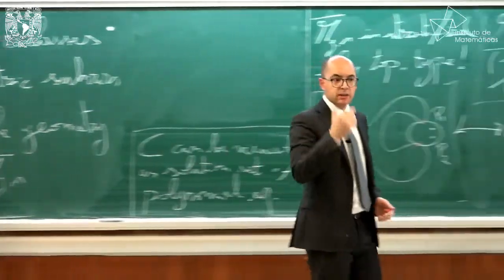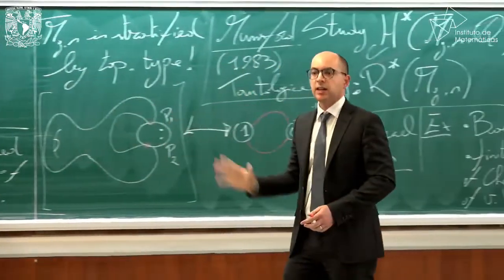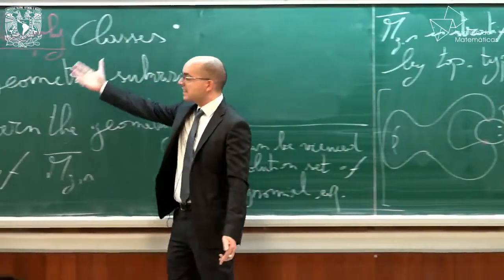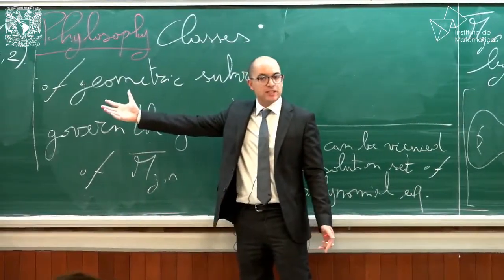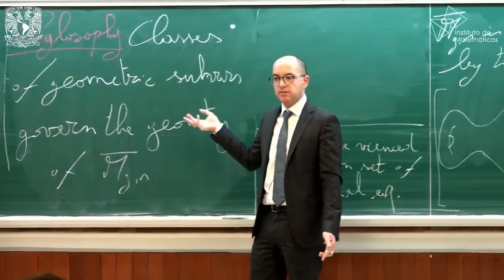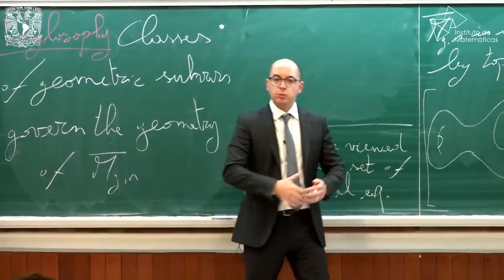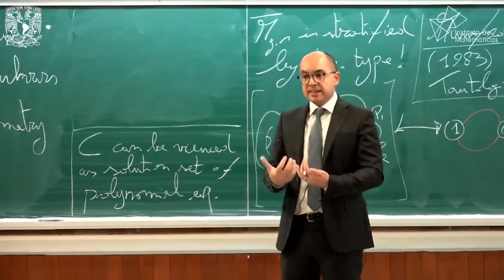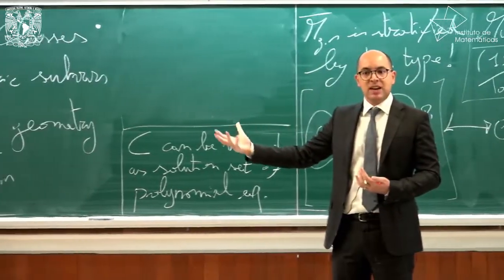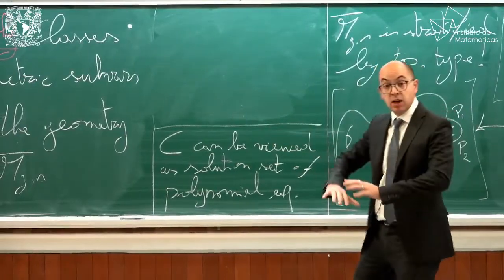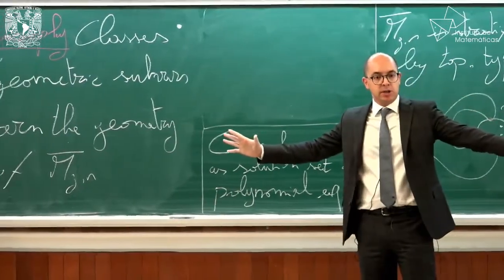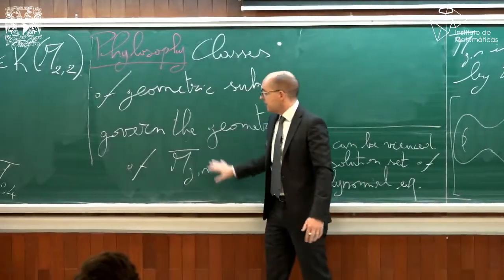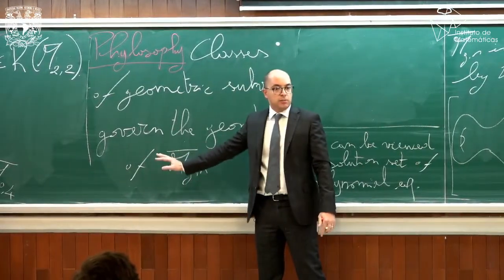Okay, so what do I mean by that? So this is the philosophy that I follow. And the idea is that there is a specific collection of subvarieties that I'm going to call geometric subvarieties. Why geometric? Because they are cooked up in a geometric way. If you look at the classes of geometric subvarieties, they govern the geometry of the ambient space M_{g,n} bar. So they give you a hint that they are key to studying the global geometry of M_{g,n} bar.